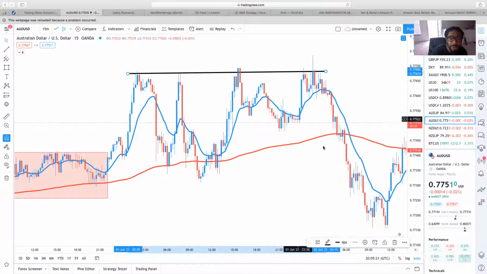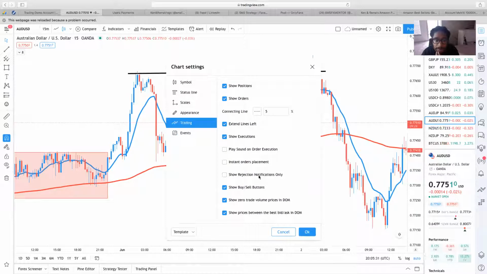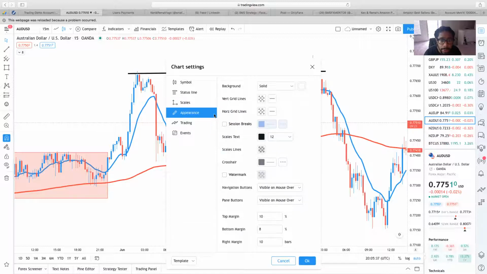So like I said, man, forgive me and my computer, why it's acting like this. I don't understand. It's been doing it for a few days now, man. Let's see, trading, appearance, pan button, visible mouse over.